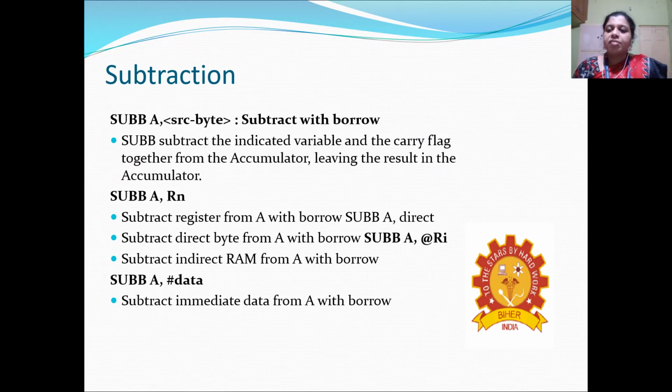And next is the subtraction. The same way, here we can subtract the two datas along with the carry. The carry here we are indicating by the term borrow. So the first example is SUBB A, SRC byte, that is one data.